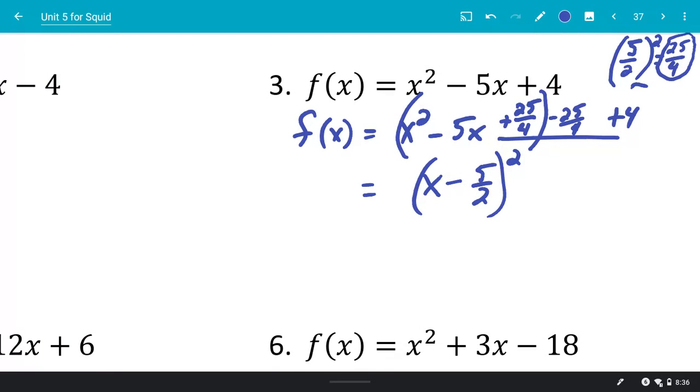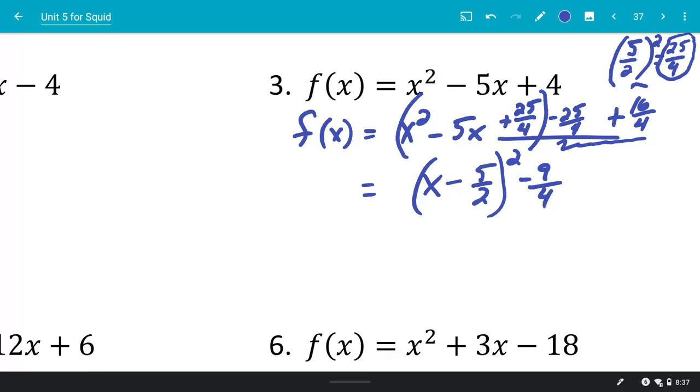Quantity squared. Now, I do have to put these two together, but 4 could be rewritten as 16 over 4. How many times does 4 go into 16? 4. So I could write 4 as 16 over 4. So now -25 plus 16 is -9 fourths.